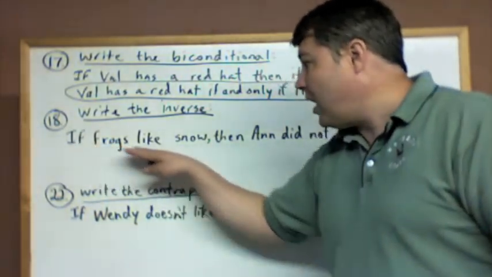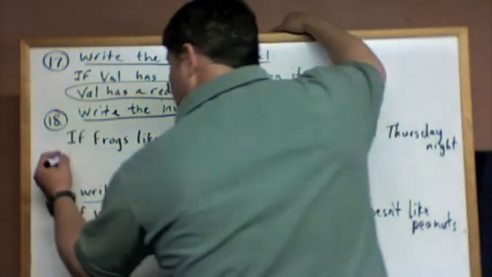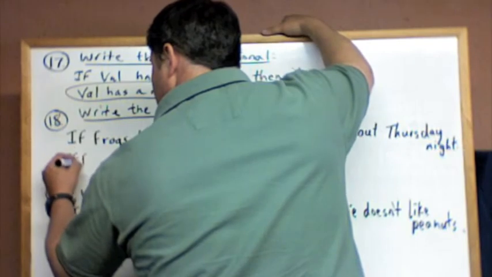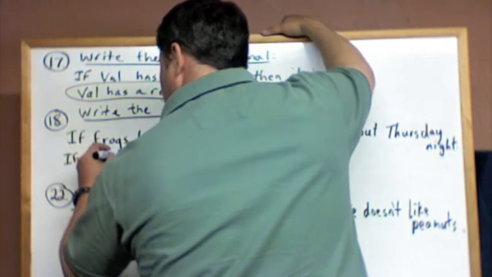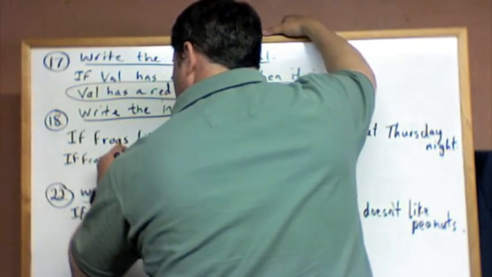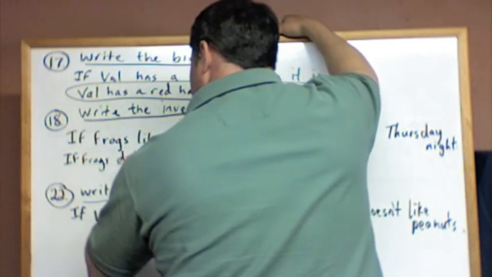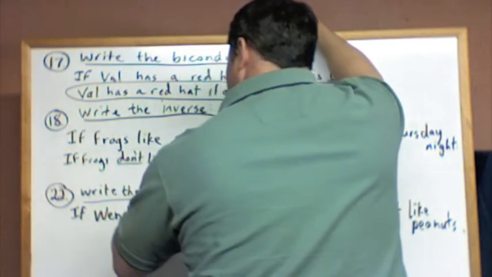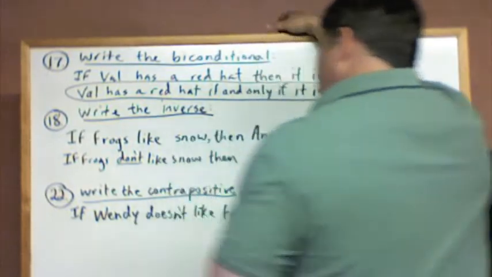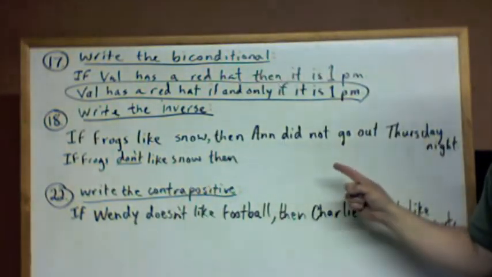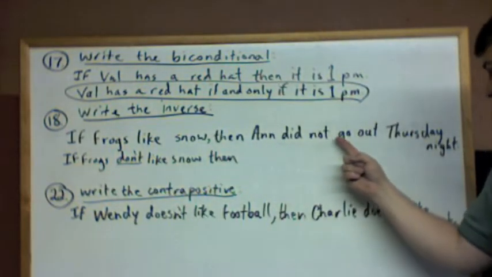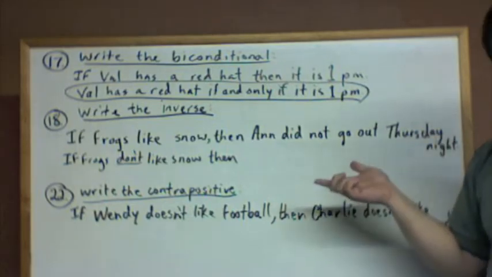So if frogs don't like snow, then what would be the opposite truth value of saying Anne did not go out Thursday night? Well, Anne did go out Thursday night.